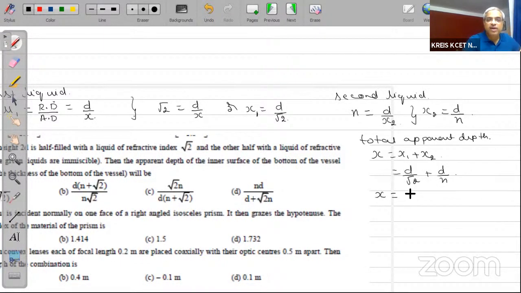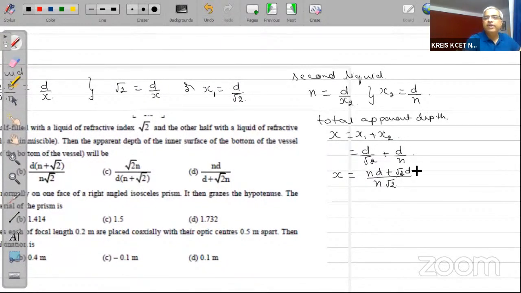We can simplify this, right? If you take the LCM, then you will get this simplified version as d into n plus √2 divided by √2 times n. So this will be the apparent depth.